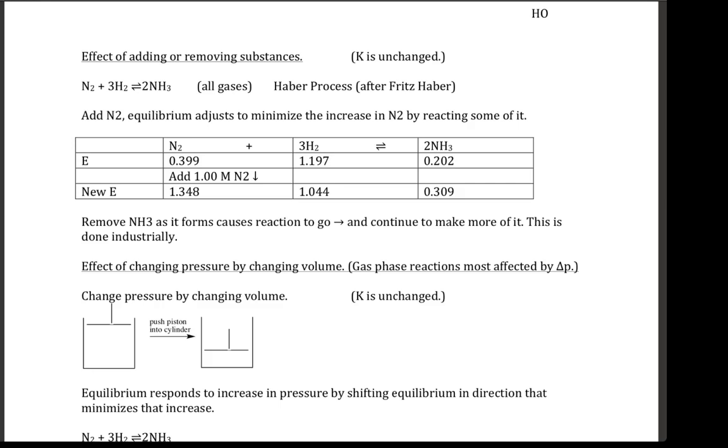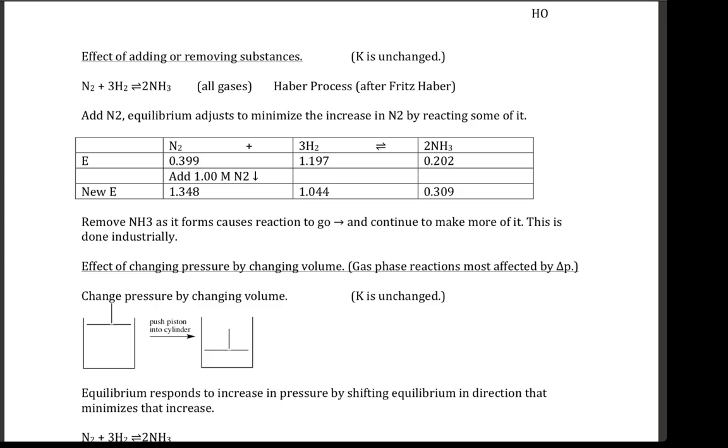So if we want to get more ammonia out of the process, what we can do is just add more N2. Or we can add more H2. That is, it will push the reaction to the right. Another way to get more ammonia is to pull off the ammonia as it's made. Le Chatelier's principle tells us if we pull off ammonia as it's made, the reaction is going to keep trying to make it in an effort to minimize that change.